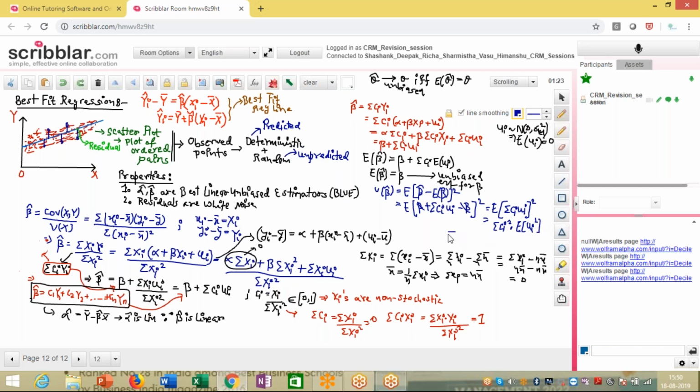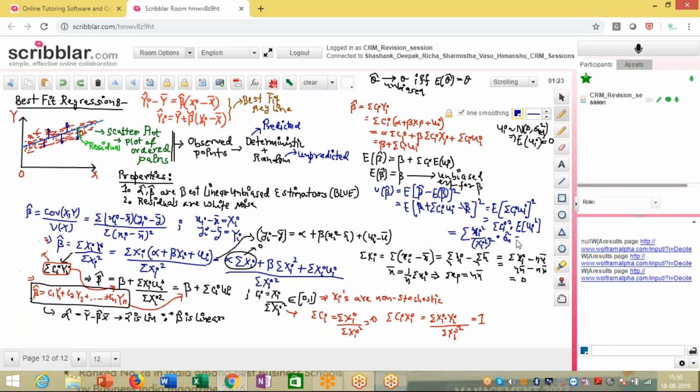Therefore, this becomes summation of xi square divided by summation xi square whole squared, into sigma square u.